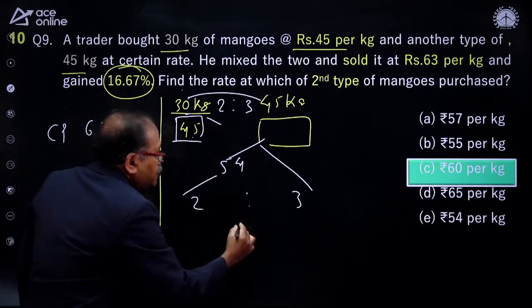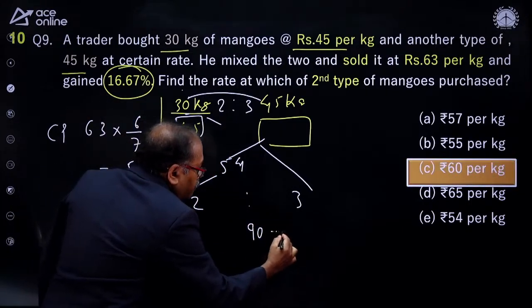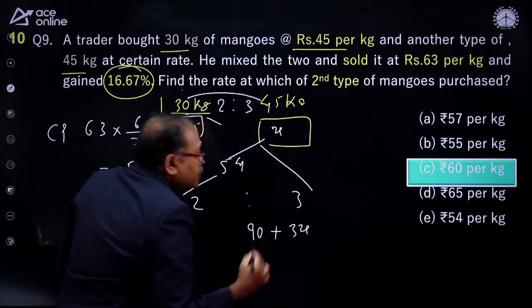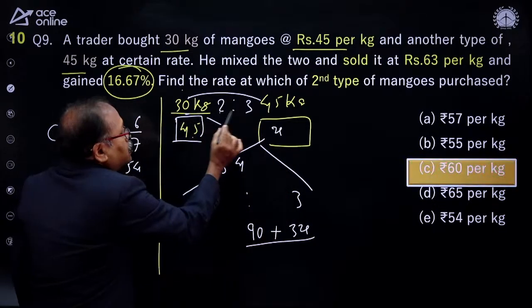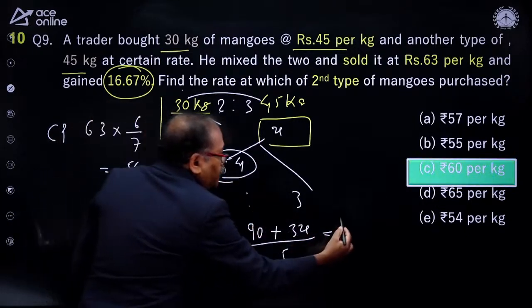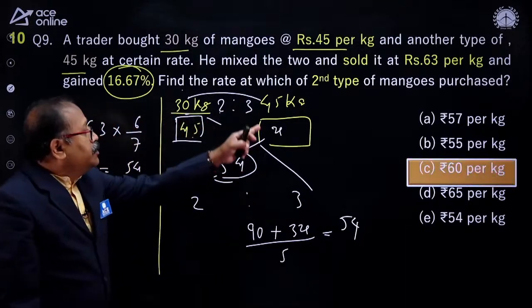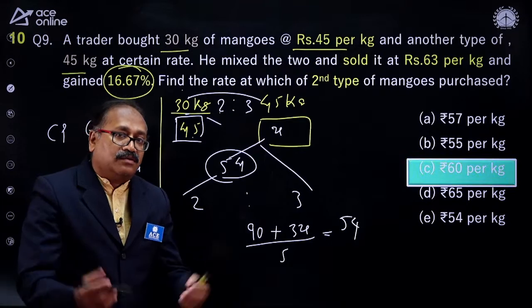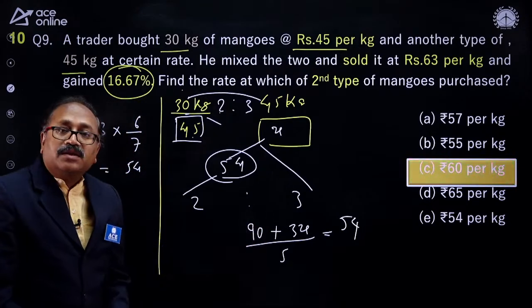So 45 into 2, that comes 90, plus 3 into x, that is 3x, divided by 5, which is equal to this mean 54. So you don't write down this whole alligation mixture diagram.